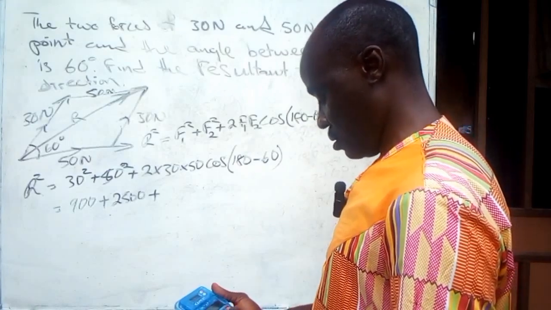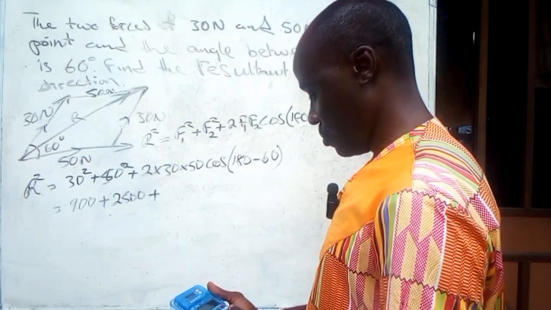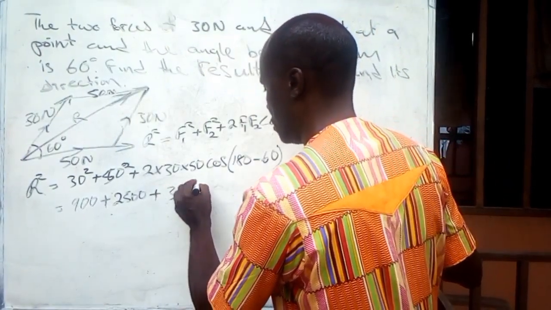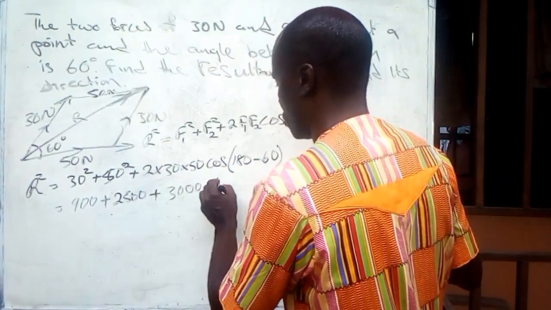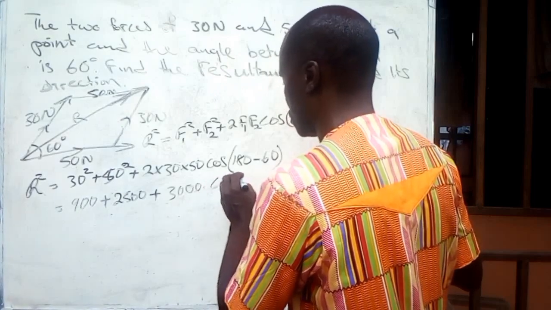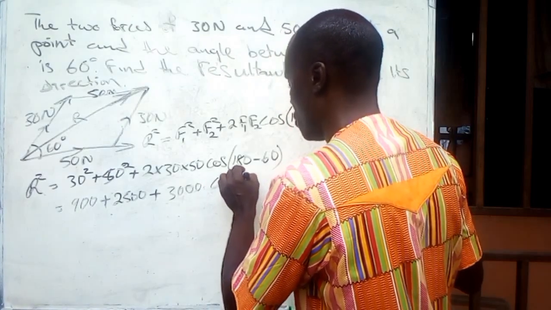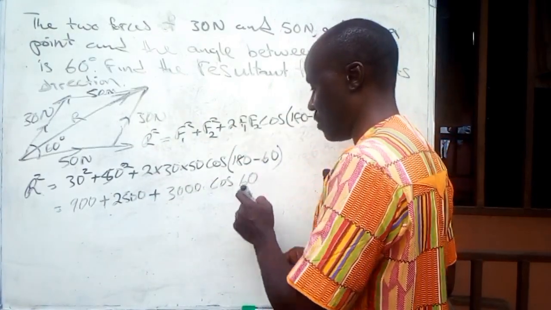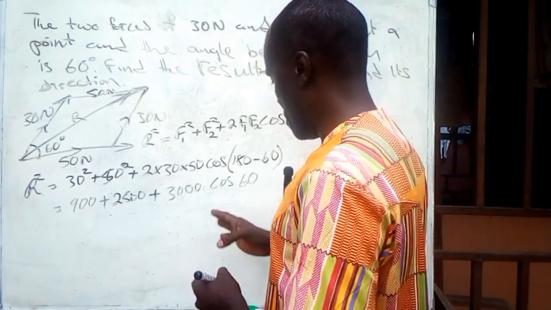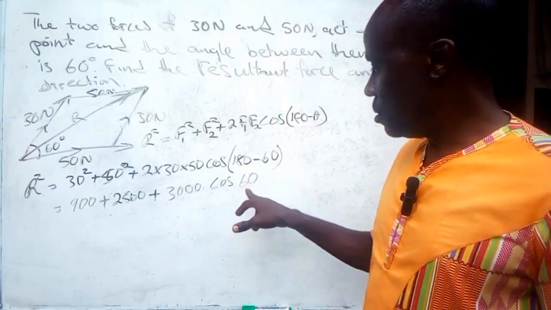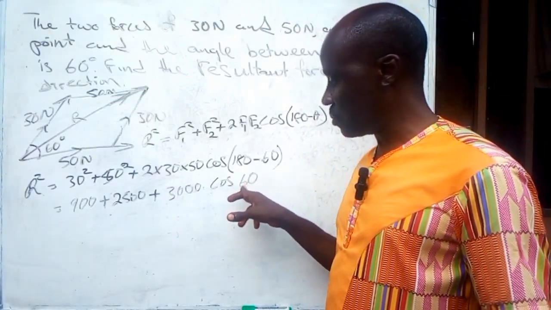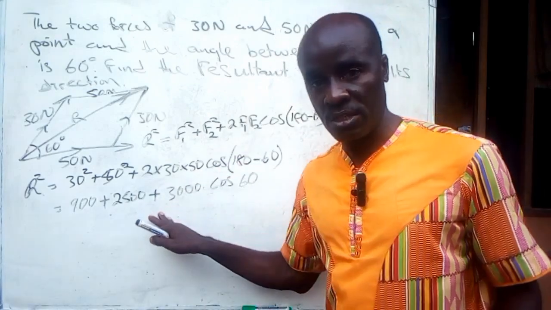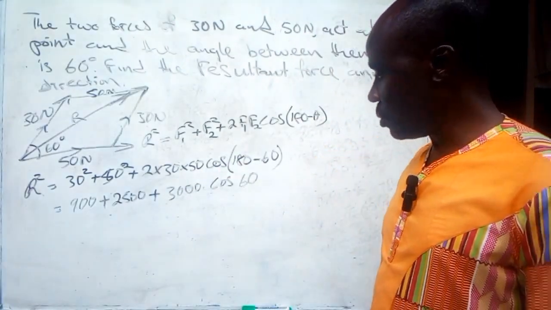Times 30 times 50, we have 3000. Then our cos here will be cos 60. The equivalent of it should be cos 120, and it should be negative based on what we have already established. It's going to be positive. So what are we going to do next?